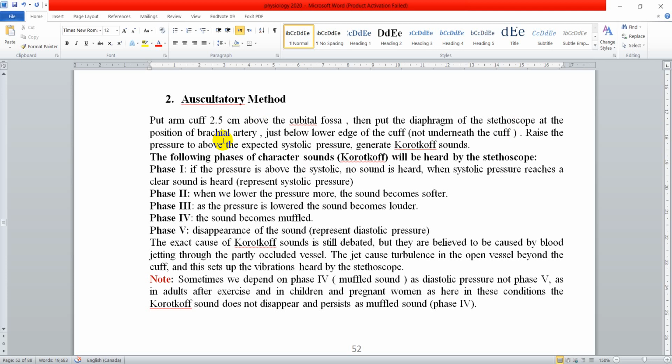Okay, here fix the diaphragm of the stethoscope and begin to increase the pressure until you are not able to hear the beat. After that, slowly decrease the pressure and record the first beat you can hear by stethoscope and the end one.